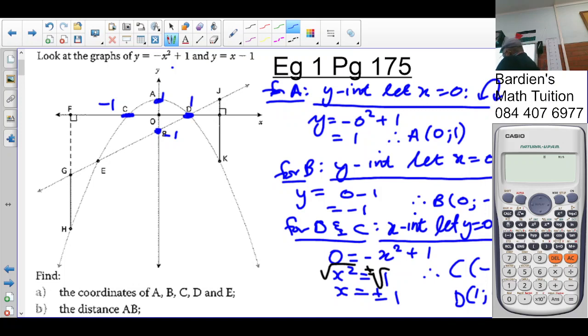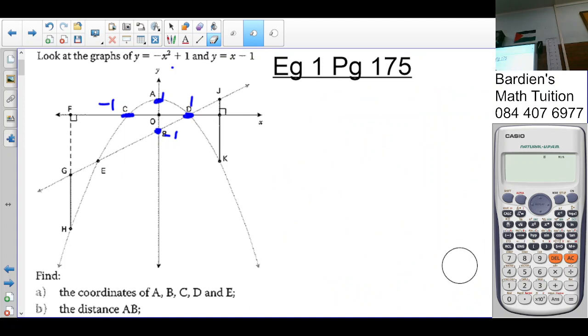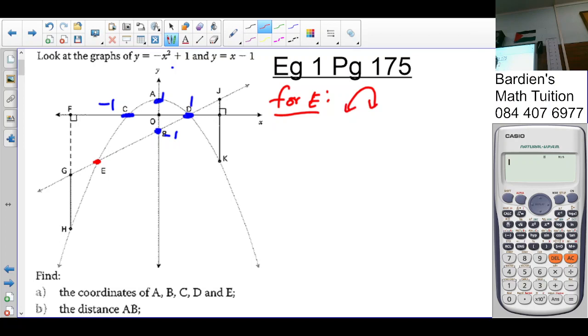What is E, people? How do I calculate E? What is E to us? E is the point of intersection. How do we calculate the points of intersection? You see at this point here, E and D, the coordinates of the two graphs are equal at that point.